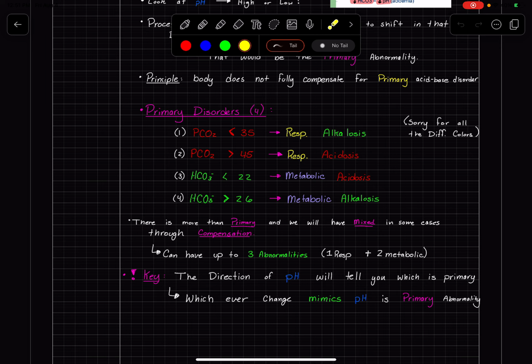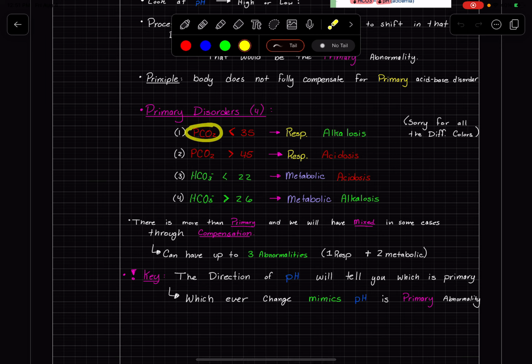So a carbon dioxide less than 35 means that we have low acid, right? That's going to tell us it's alkalosis, or more basic, because we have low acid.